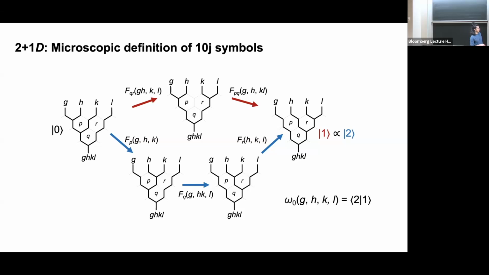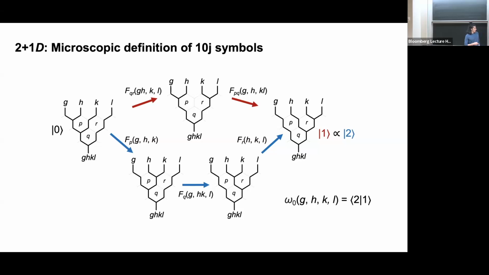We define these states using our F-move operators. For this bottom path, we use 3 separate single plaquette F-moves, on plaquette P, plaquette Q, and plaquette R. Whereas for this top path, we need to make use of the 2 plaquette F-move operators that we defined. And so we get some phase omega naught.